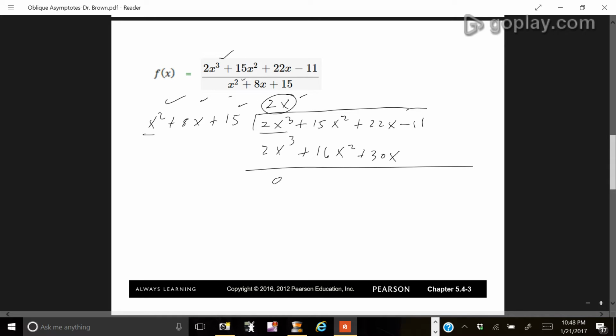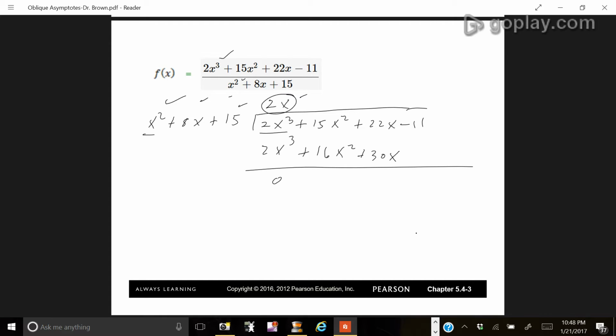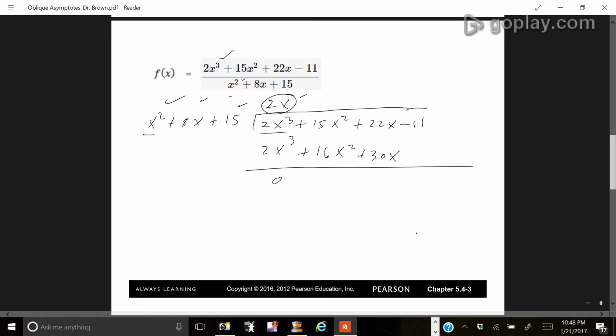Now subtract, and we get 2x cubed minus 2x cubed is 0. 15x squared minus 16x squared is minus x squared. 22x minus 30x is minus 8x. And bring down your minus 11.